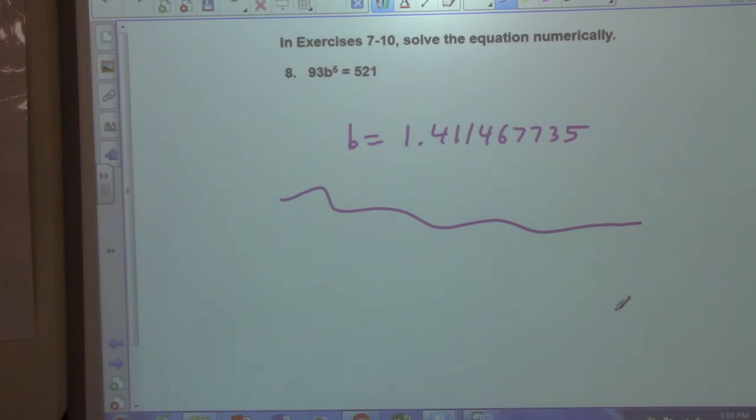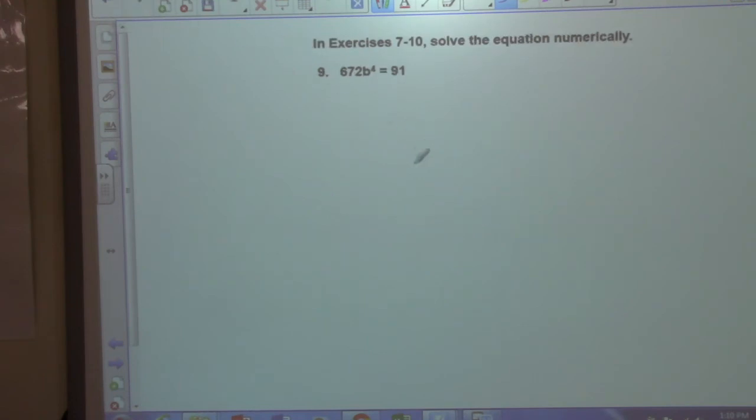Okay. Adam. You have B is equal to 1.648473501.